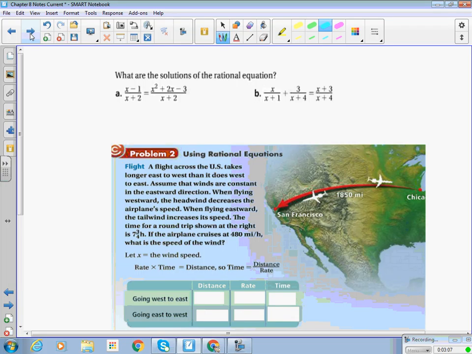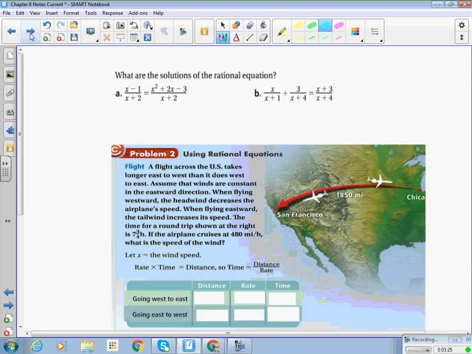So let's do two different types of problems. Oh goodness gracious, you're super lucky. If you look at A, the denominator for both of our expressions is x plus 2.